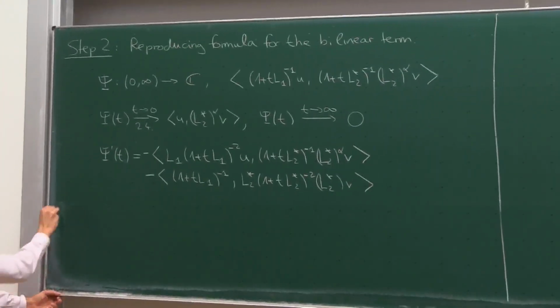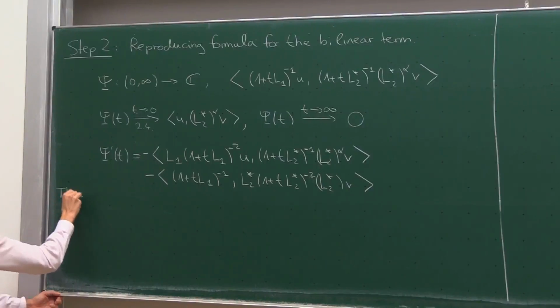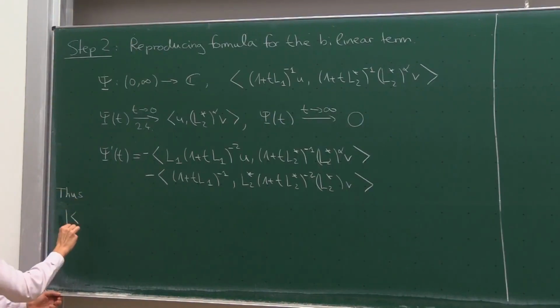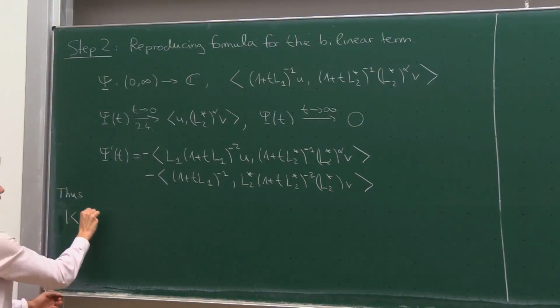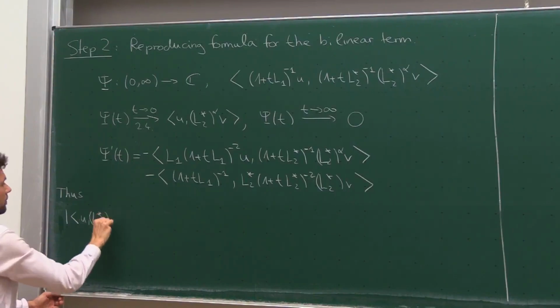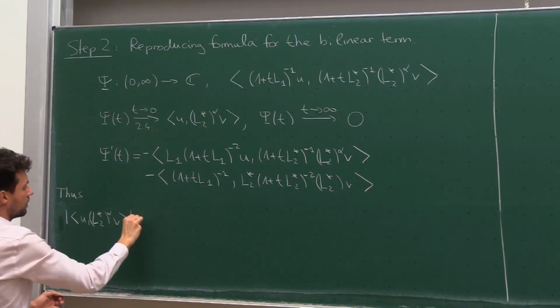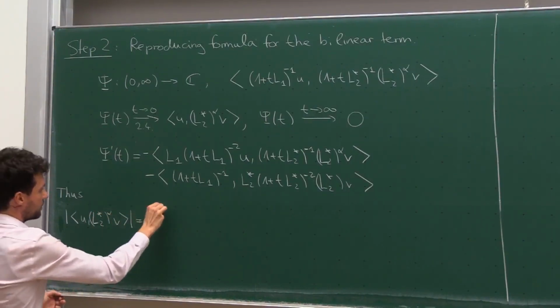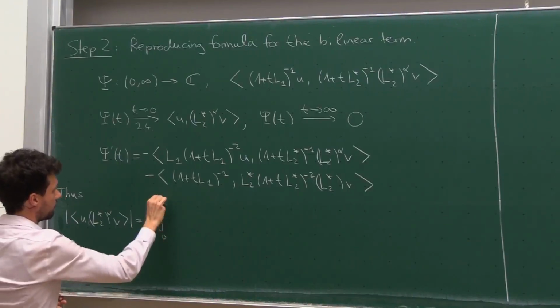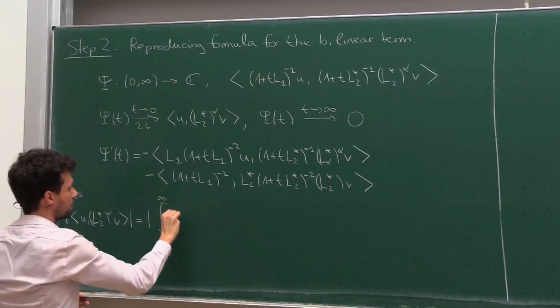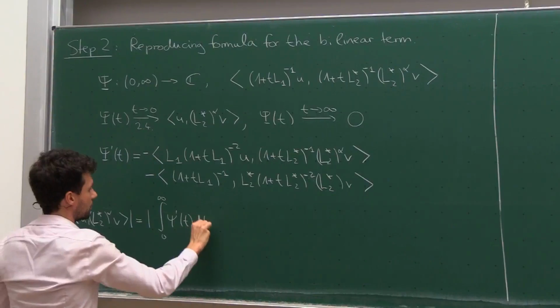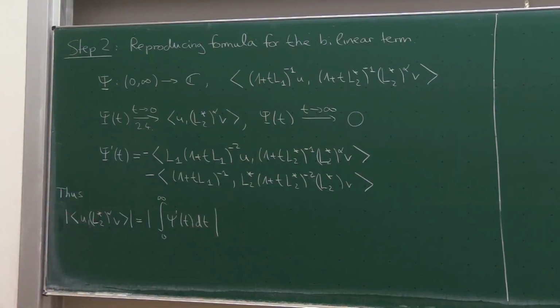All right, thus bounding the bilinear term, I write out the bilinear term by the fundamental theorem of calculus, like that, and then I bring norms inside.